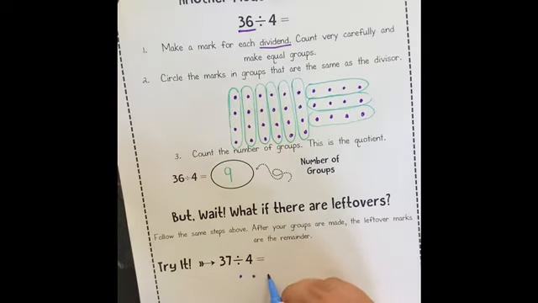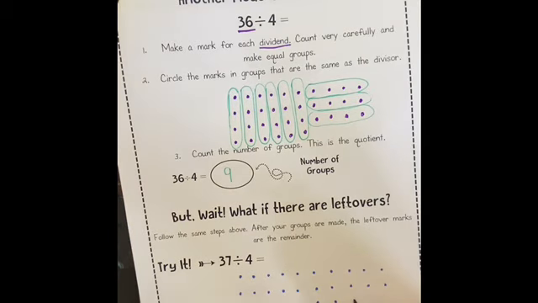1, 2, 3, 4, 5, 6, 7, 8, 9, 10. And the next row, 1, 2, 3, 4, 5, 6, 7, 8, 9, 10. A third row, 1, 2, 3, 4, 5, 6, 7, 8, 9, 10.